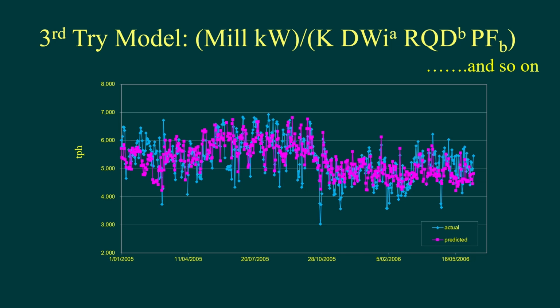Don't make the mistake of just putting in as much data as you can possibly find and then hitting the data with some multiple linear regression equation and hoping for the best. You might end up with something which is quite good, but my advice is you really do need to work with your data, understand your data, understand the response of your circuit and what the drivers are. And as I said earlier, if you understand it, then you've got a model.